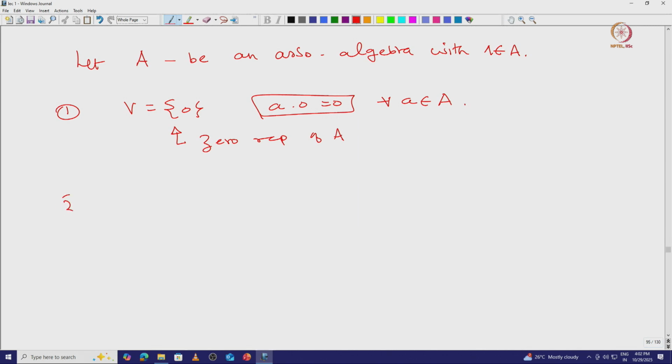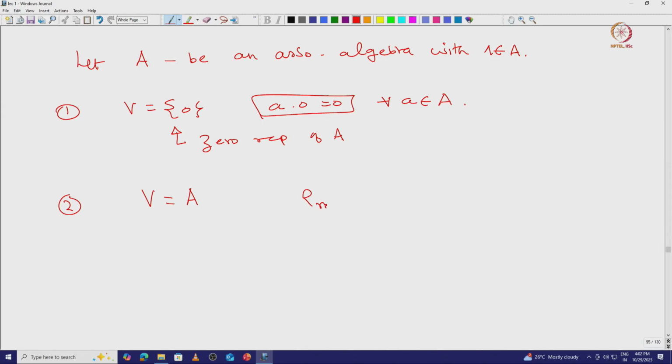The most important representation of general associative algebras is the regular representation. We can take V to be A itself and then make A act on A via left multiplication.